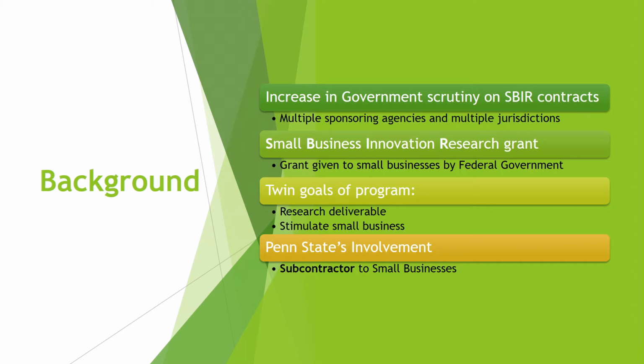Now we also, as we've learned today, the Small Business Technology Transfer, or STTR program, has similar goals. But the small business receiving an STTR grant award must collaborate with nonprofit research institutions. So as we've learned today, what is Penn State's role in all this? We are a subcontractor to a small business. We are not a small business.